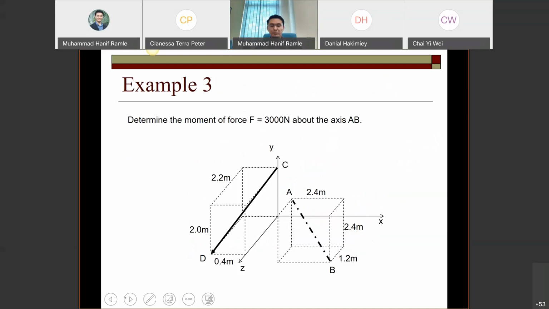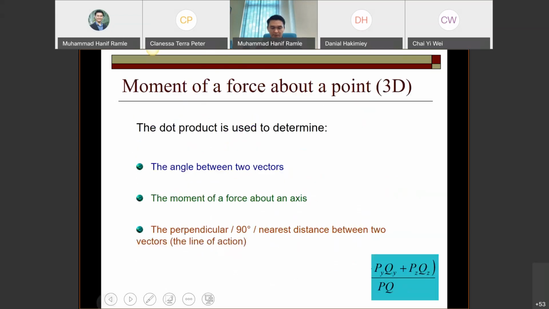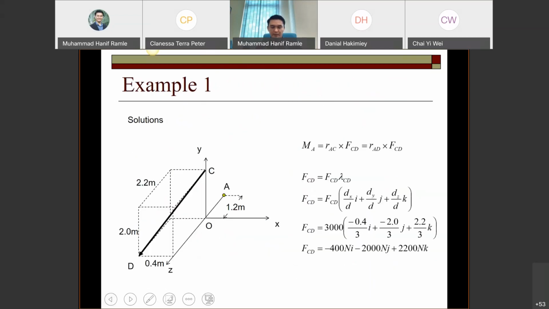Okay, so let's proceed to the example, then you can know what is the moment of force about an axis. This example is actually an extension from the previous example. Let me recap the previous example, example 1. Example 3 is where we have another point, B, here.